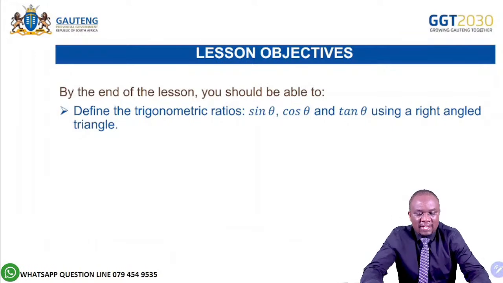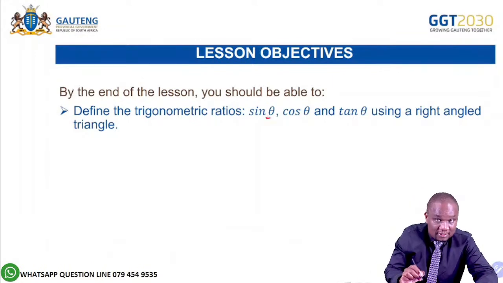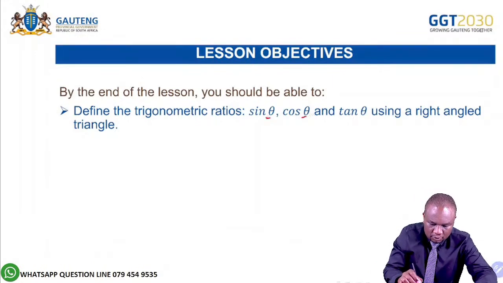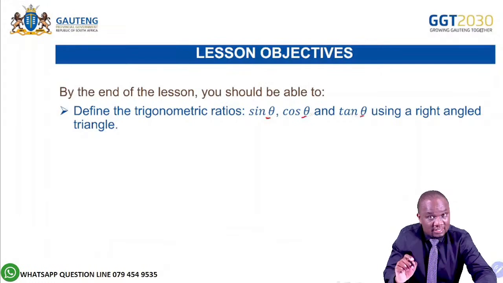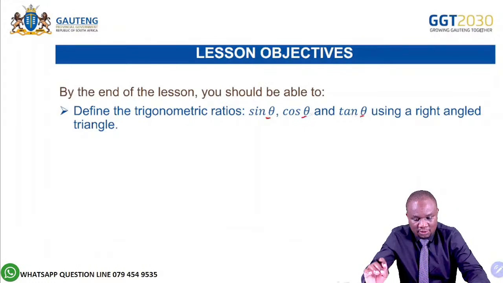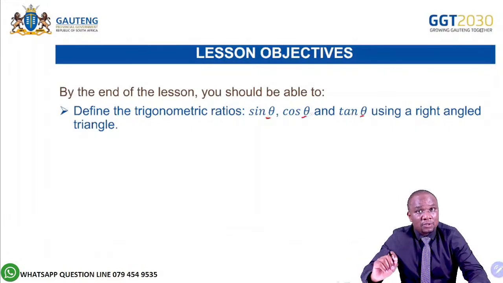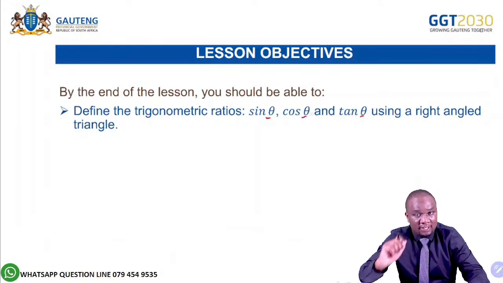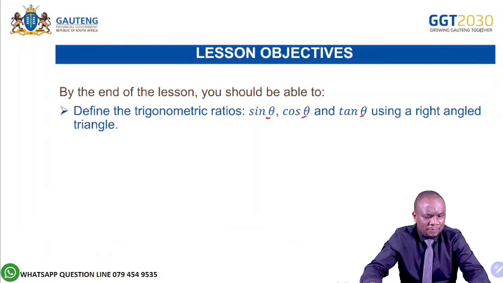So we're going to define what is sine theta, what is cos theta, what is tan theta. There's nothing like sine or cos or tan on its own. It must be sine angle, cos angle, tan angle, every time. Remember that. Okay?